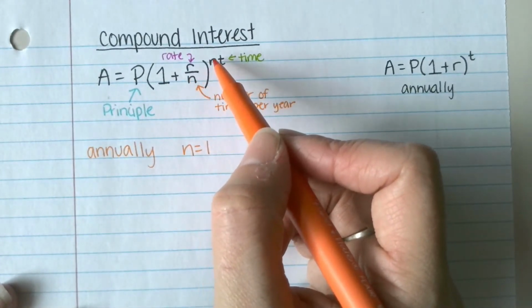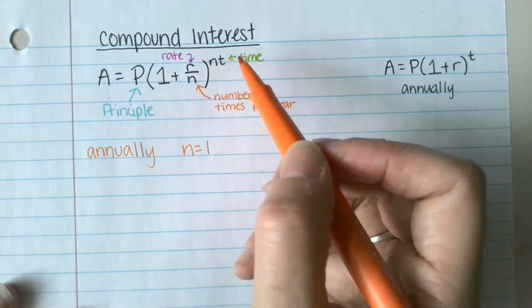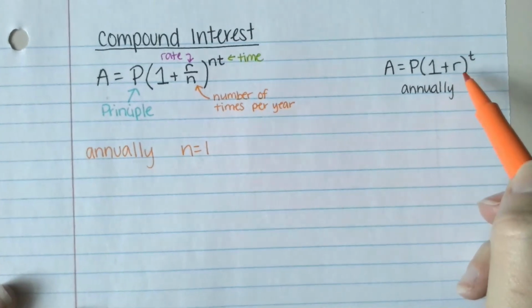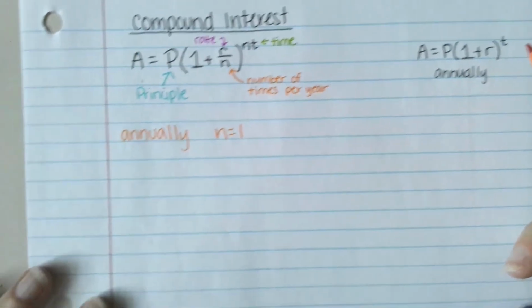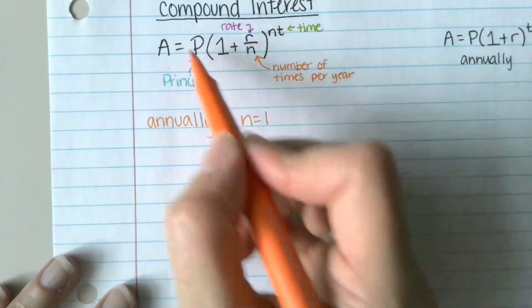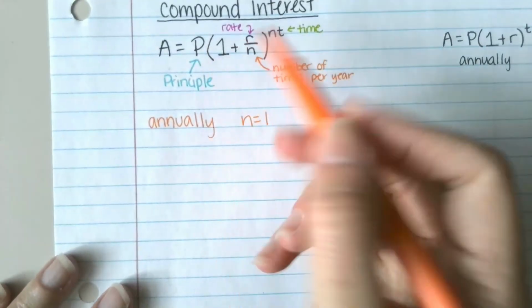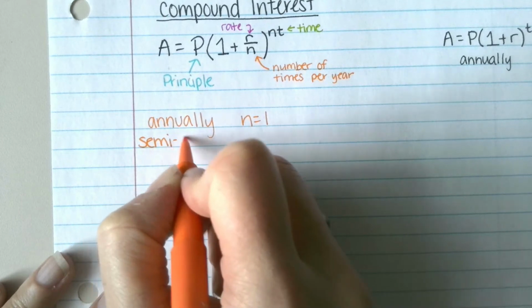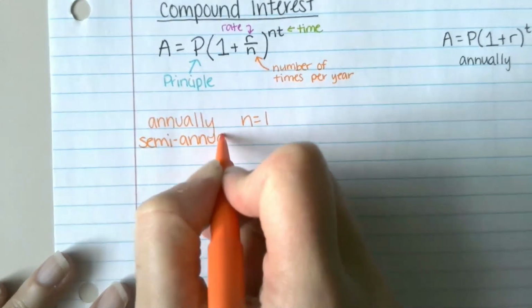And then your exponent would be 1 times T, and nothing happens when you multiply T by 1. So it ends up looking like this. But if it's easier for you to just remember, this is the formula that you're going to get on the reference sheet, that's fine.